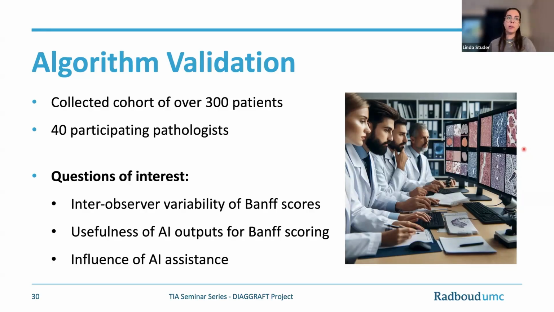That will give us a little bit of an idea how the AI influences their decision making. But of course, this is a very complex question, and because we don't restrict how they use the AI, they're allowed to use it however they like, it will be more of a mixed bag of impressions rather than a very controlled study at this point. This is really a first pilot in that sense.